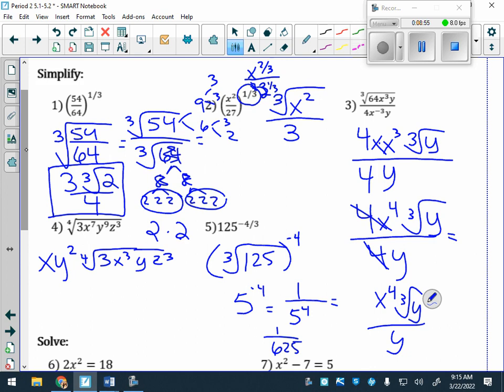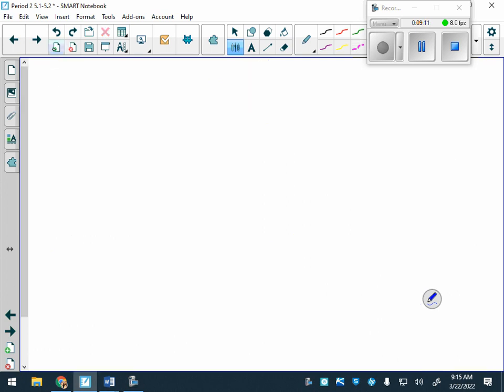Well, it's y to the 1/3. When you end up with 2/3, you can't have a radical in the denominator. So the cube root of y squared you have to get rid of, so you're back to where you started. If you have y to the 1/3 over y, when you subtract, you have 1 over y to the 2/3.